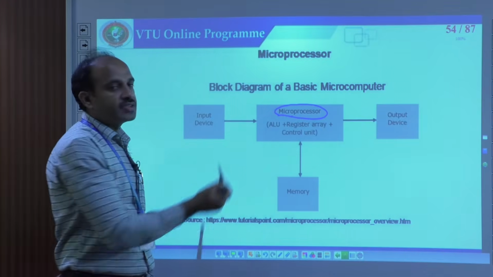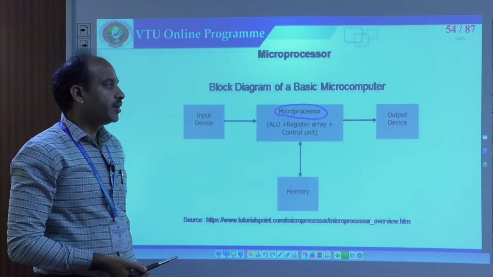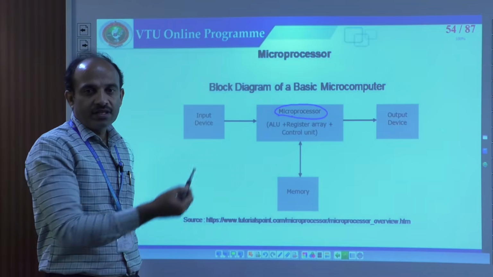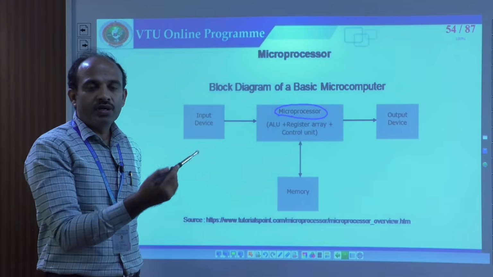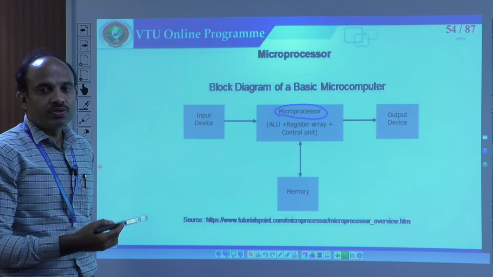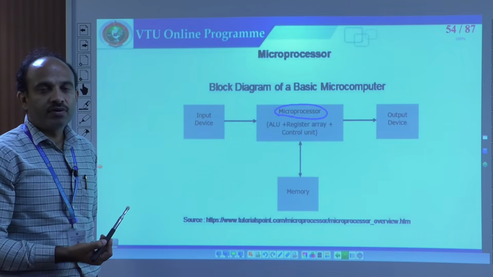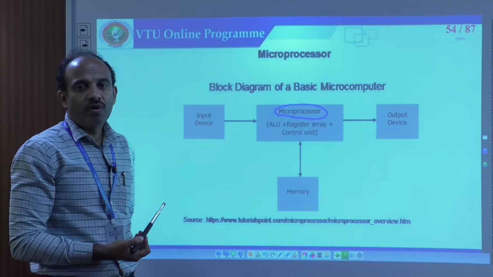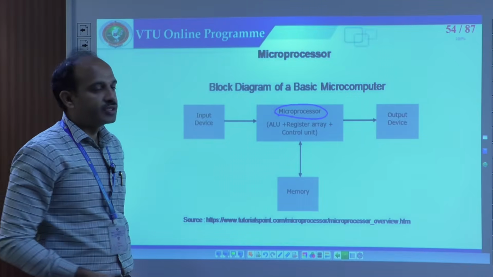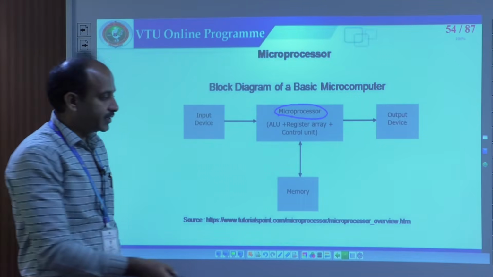That is the reason in the place of CPU I have mentioned a microprocessor. What exactly does the microprocessor consist of? All together it will be in the form of a chip. That chip will act as our microprocessor, and it will perform all the activities that we have mentioned in this slide and the previous slide.